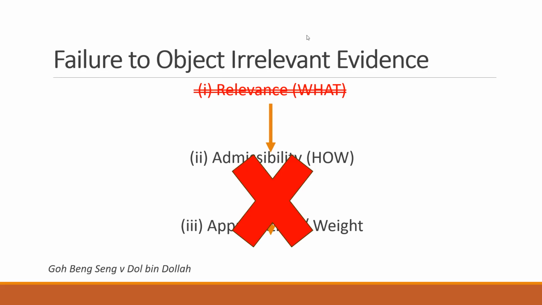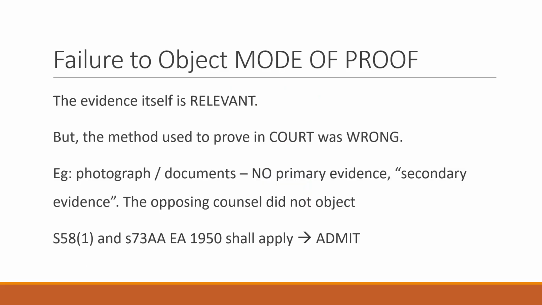The opposing counsel is playing handphone during the trial, never paying attention to the trial procedure at all. So even if you fail to object to an irrelevant fact, it is still not admissible. That means to say the evidence itself should be thrown out by the court.